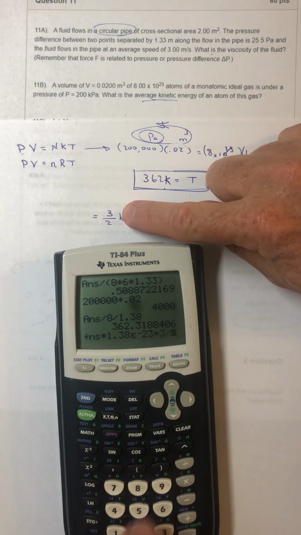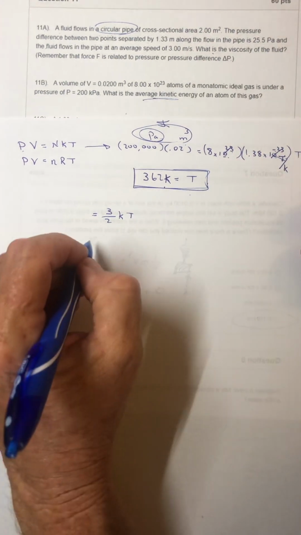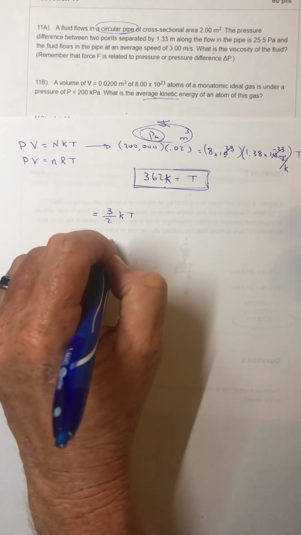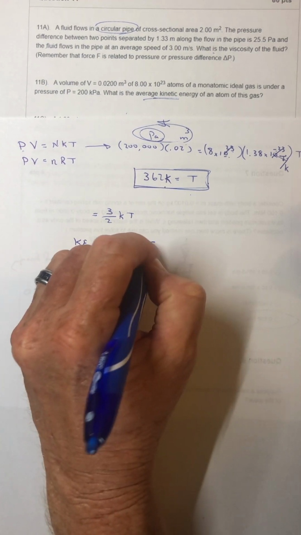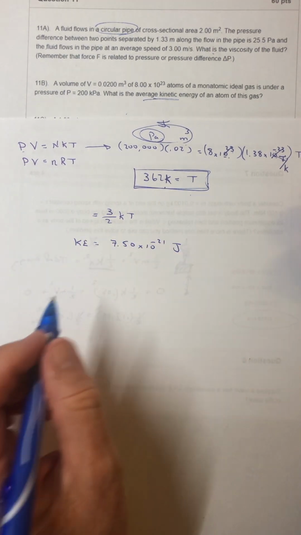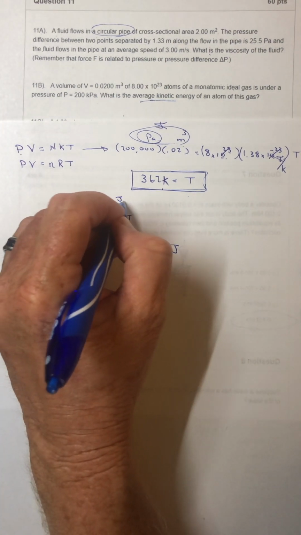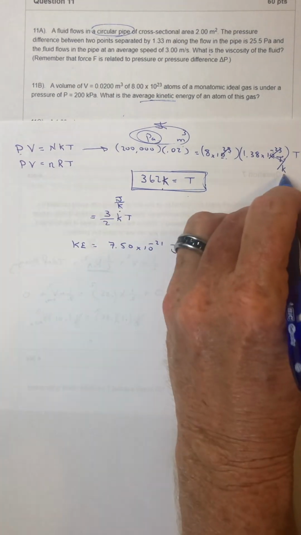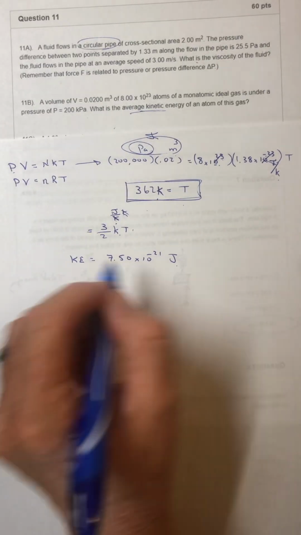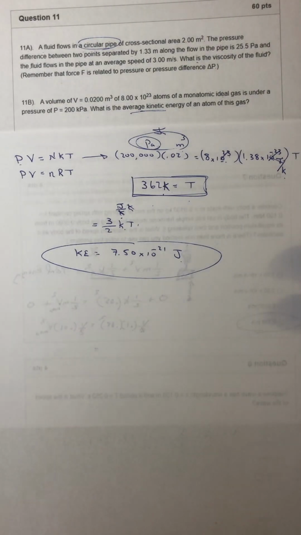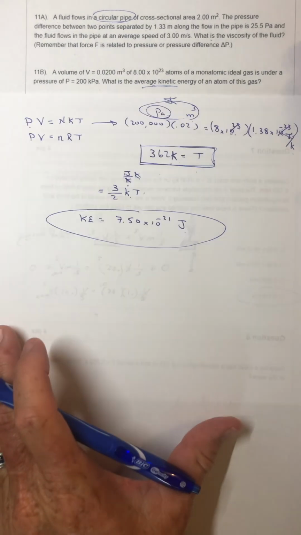And then times a 3 and divide by a 2, working backwards. And I get a kinetic energy then of 7.50 times 10 to the minus 21 joules. And again, Boltzmann's constant is joules over Kelvin, like we mentioned here. So when I get a temperature in Kelvin, I multiply them together and get an answer in joules. Yay!